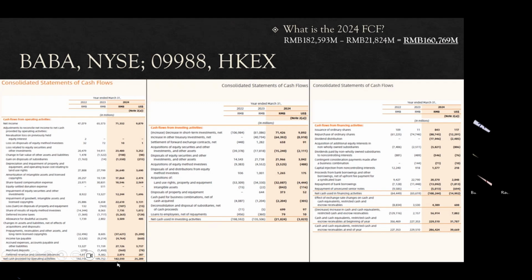So it's 182,593 minus 21,824. What they have left is 160 billion renminbi. It is a cash-rich company. I repeat, 160 billion renminbi.